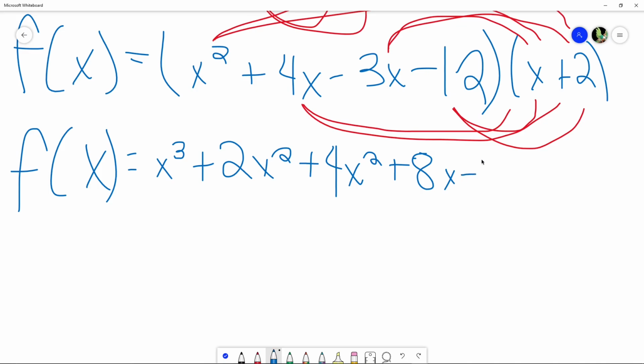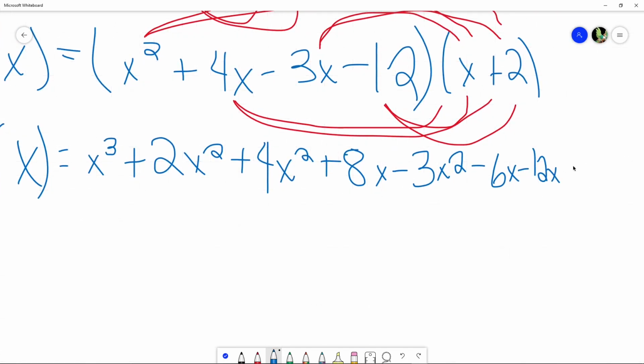That becomes negative 3x squared, and it becomes negative 6x. The negative 6x goes onto the negative 12 right here. That makes negative 12x. And then lastly, negative 12 times positive 2 is negative 24.